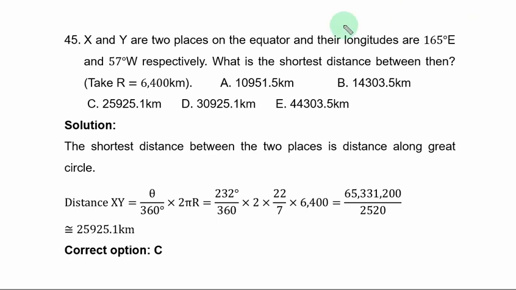Question 45. S and Y are two places on the equator, and their longitudes are 165 degrees east and 57 degrees west respectively. What is the shortest distance between them? Solution.